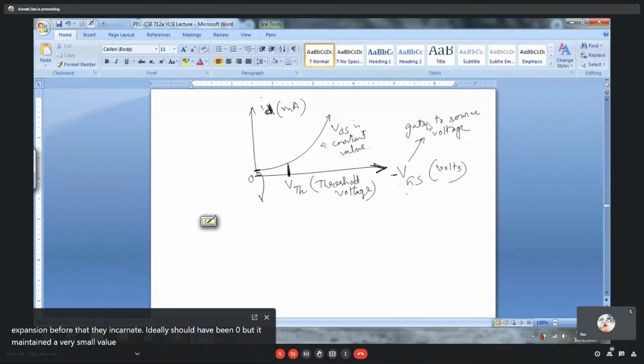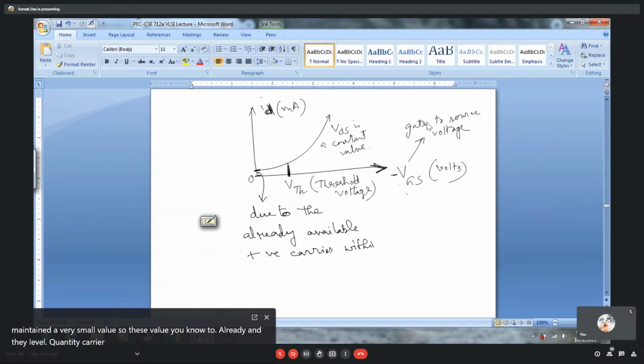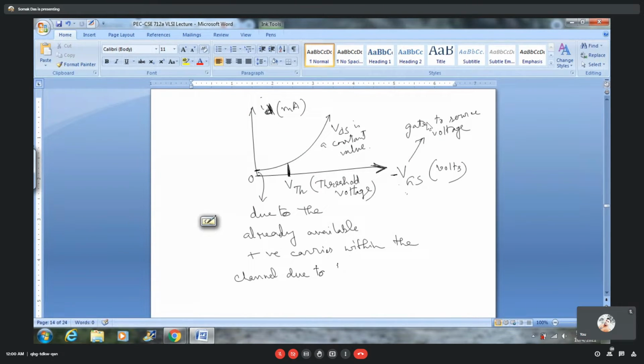So this value is due to the already available positive carriers within the channel due to leakage phenomena.